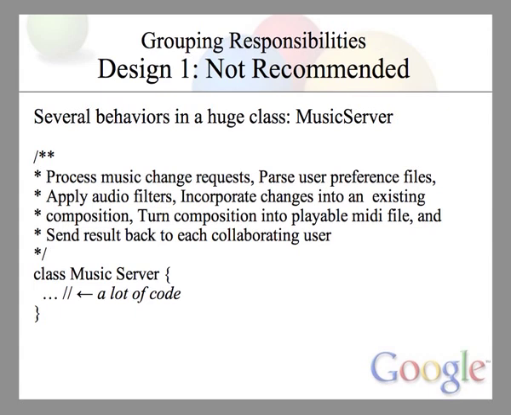We've got a music server, and you can see from this comment, it does all kinds of things. It's processing music change requests, parsing preference files. Everything that we have under the sun is in this piece of code.